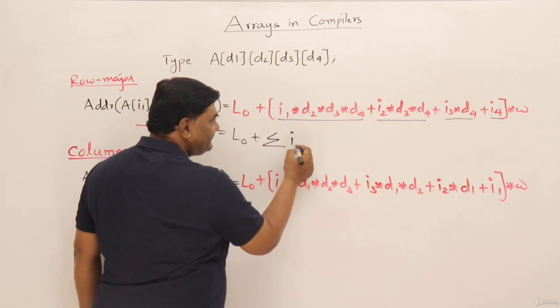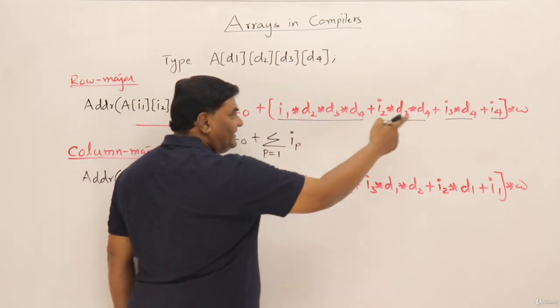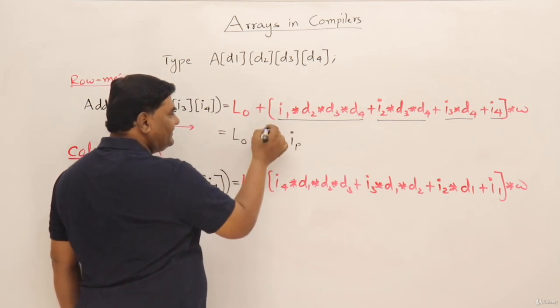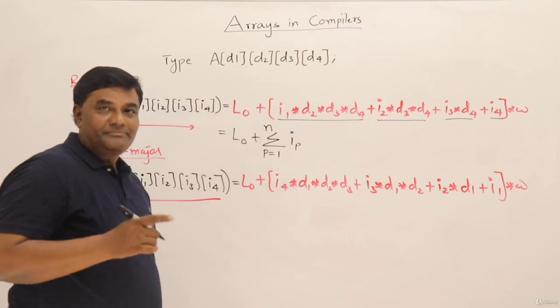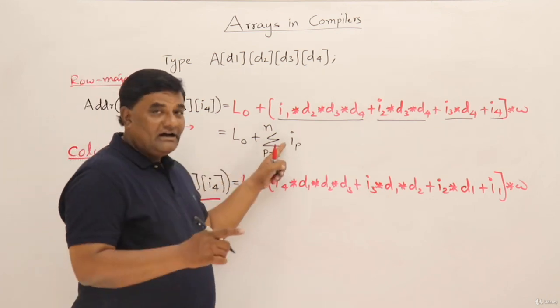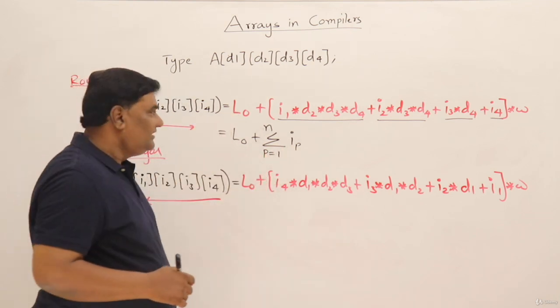I will call it P. So P takes the values from 1 to, it is going up to 4. Instead of 4, just make it n. So this will be for n dimensions. P takes the values from 1 to n. So this will become I1, I2, I3, I4 and so on up to n dimensions.